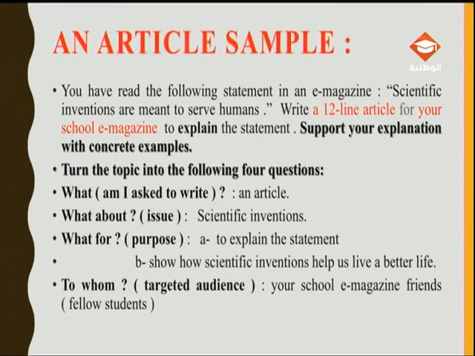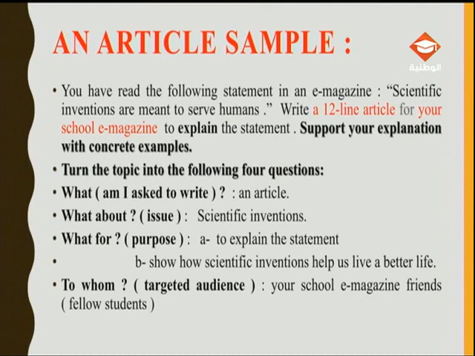Here you have read the following statement in an e-magazine. It says, scientific inventions are meant to serve humans. Write a 12-line article for your school e-magazine to explain the statement.